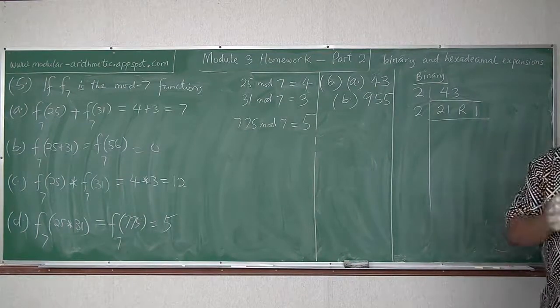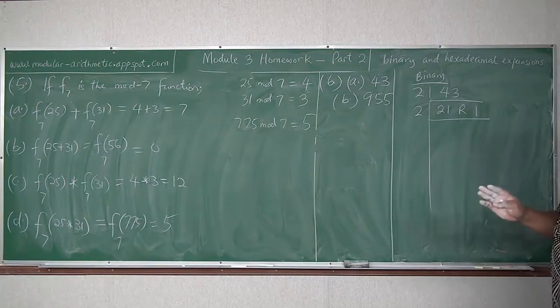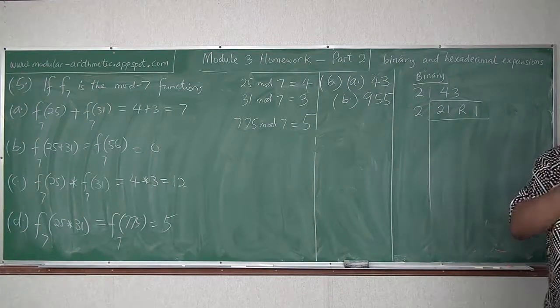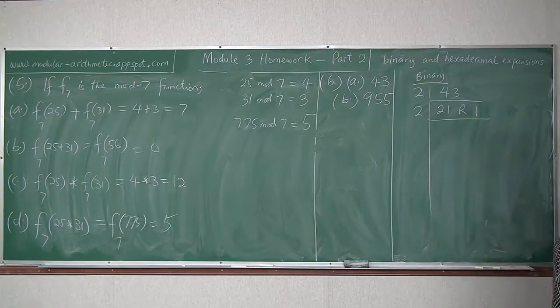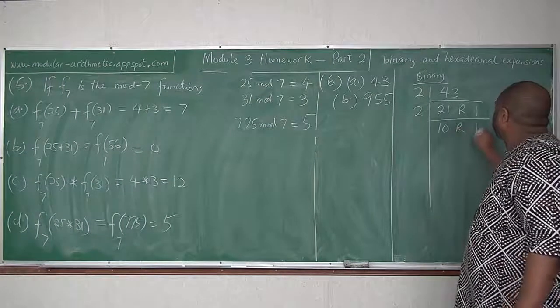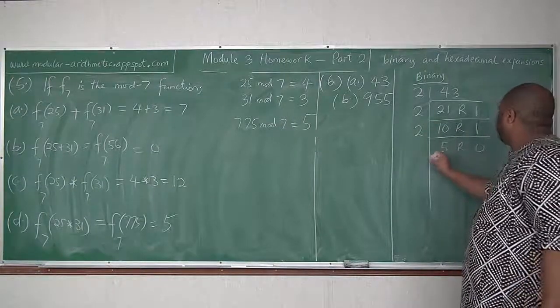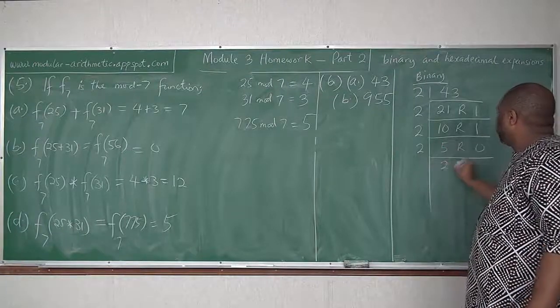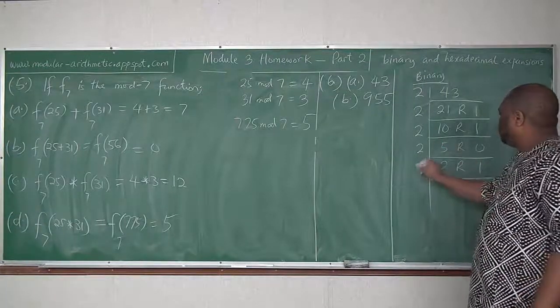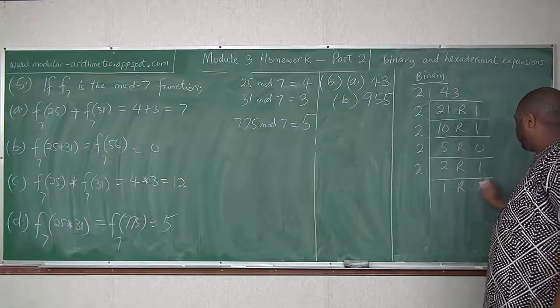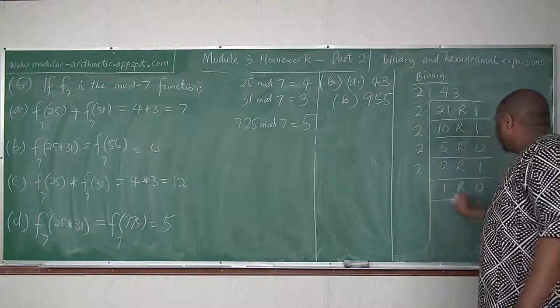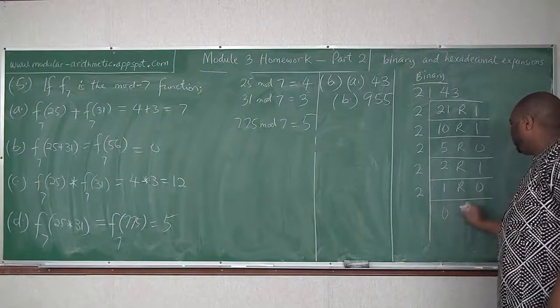This is the way you convert it. If you want to convert decimal to binary, you have to divide by 2. Now 2 into 21 is 10, remainder 1. 2 into 10 is 5, remainder 0. 2 into 5 is 2, remainder 1. 2 into 2 is 1, remainder 0. And then 2 into 1 is 0, remainder 1.